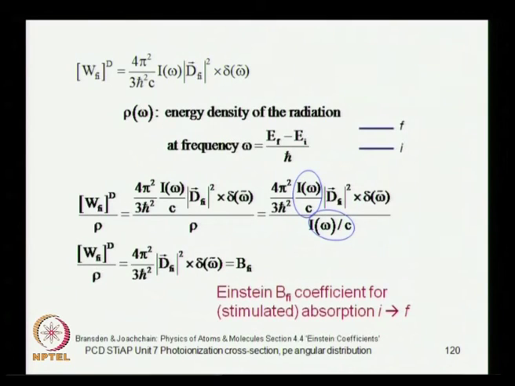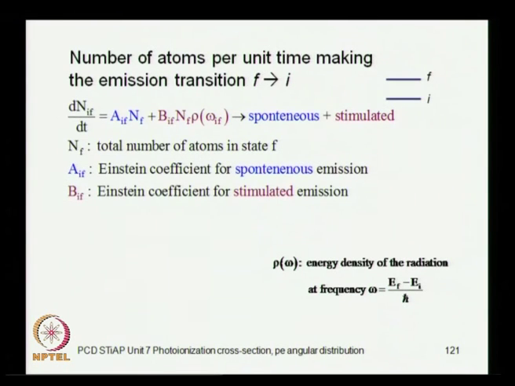This is defined as the Einstein B coefficient for stimulated absorption from I to F. Then you have a similar term for the emission also, but emission can be because of two processes, either spontaneous or stimulated. For spontaneous emission, you have a rate which depends on the number of atoms in the final state multiplied by a rate coefficient, which is the Einstein A coefficient.